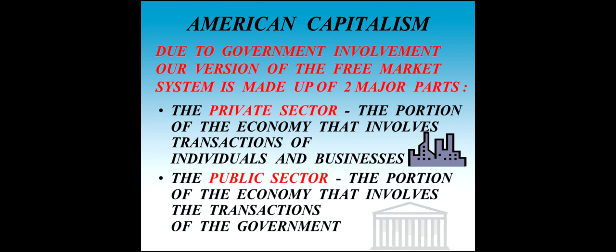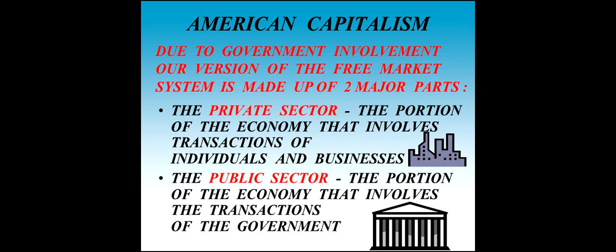The other part of our free market system is called the public sector, the portion of the economy that involves the transactions of the government. Now, just like with the circular flow, there can be a little bit of overlap or integration between these two sectors of our system.